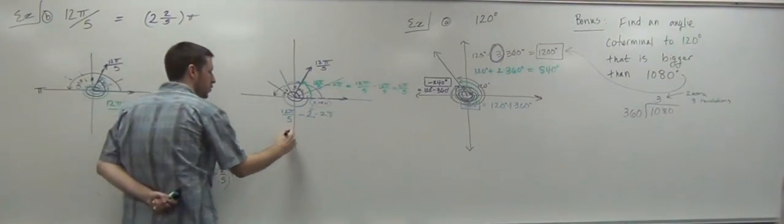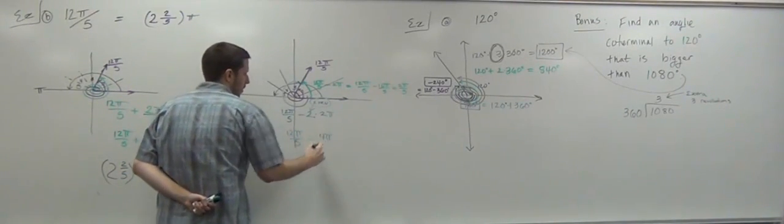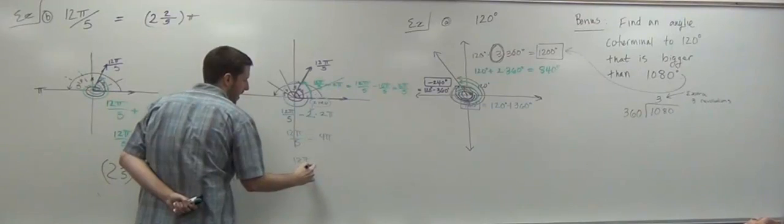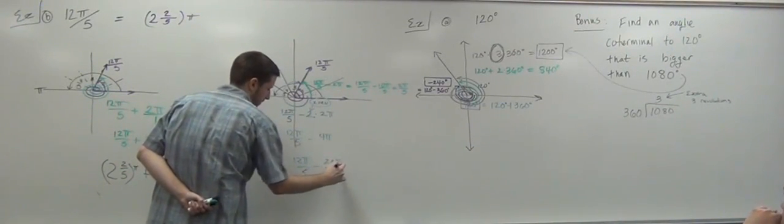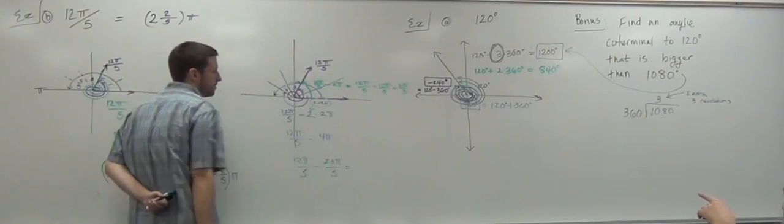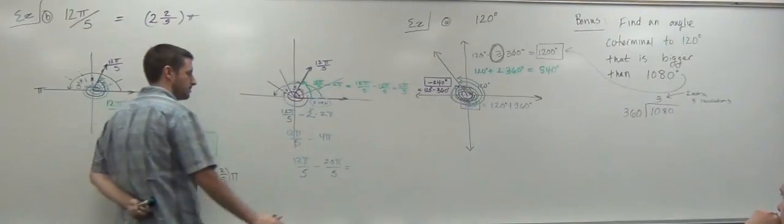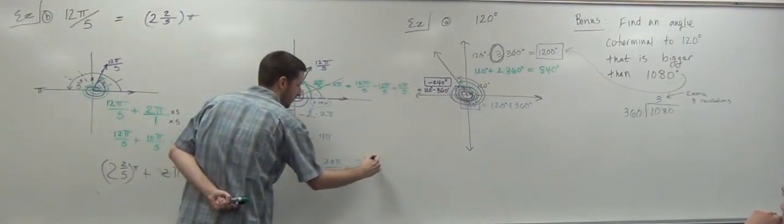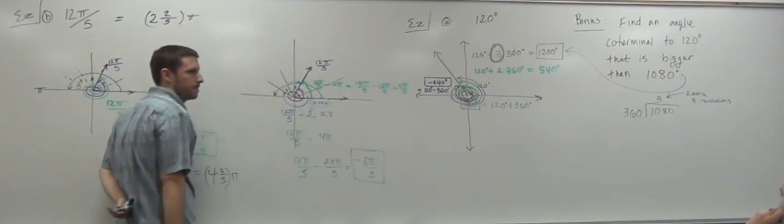So you would calculate 12 pi over 5 minus 4 pi, or 12 pi over 5 minus 20 pi over 5, which is negative 8 pi over 5. So this is my negative coterminal angle.